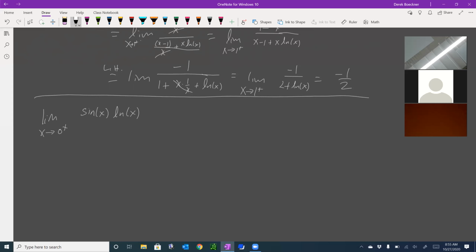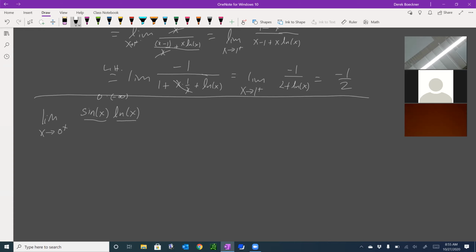Okay, sine of x as x goes close to 0, this goes to 0, right? As I plug in really small values close to 0 into the natural log, it goes to negative infinity. So this looks like 0 times negative infinity. We good with that?